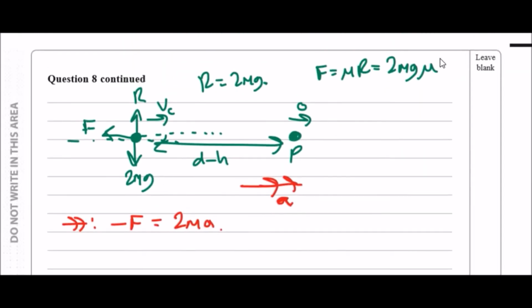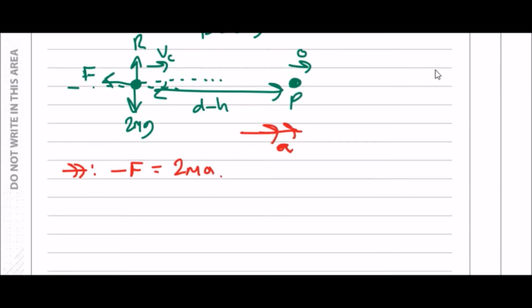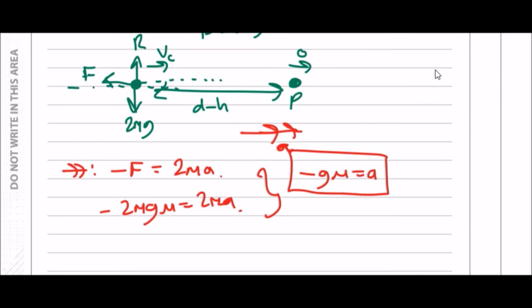F we said was 2mg mu, so it would be minus 2mg mu equals 2ma. The 2m both cancel out, so you're left with minus g mu equals a. So the acceleration is simply minus g times mu.